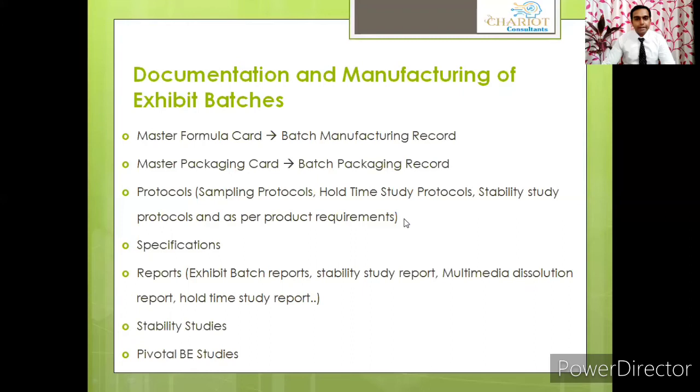So every document should be properly written. There should be no discrepancies in the documents, whatever you are providing, or whatever documents or data you are generating in the lab, as well as in R&D, as well as at your commercial scale.